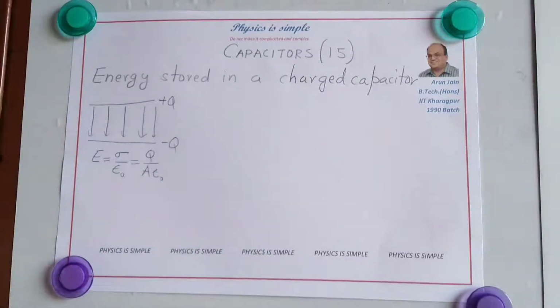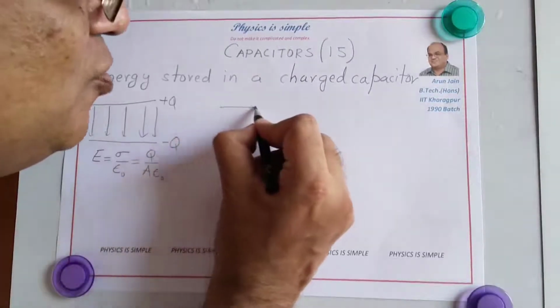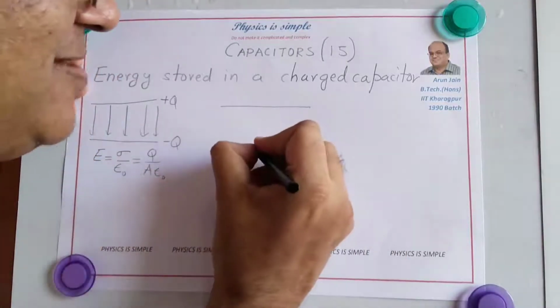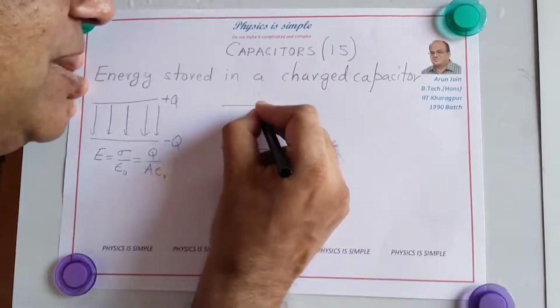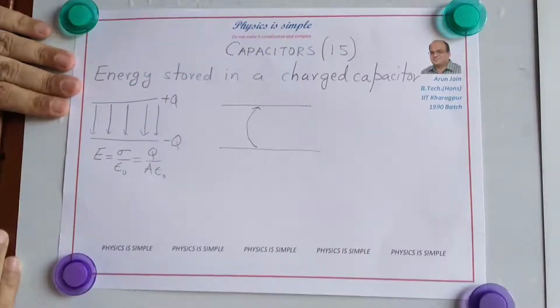Now we want to calculate the energy stored. These plates are having equal and opposite charge. So we can assume that some external agent has taken positive charge from the minus plate and put it on the plus plate.